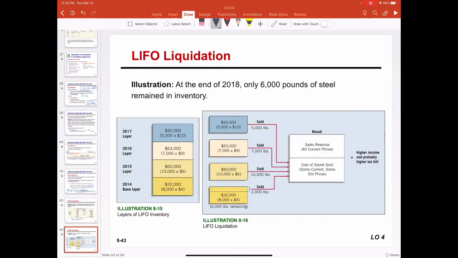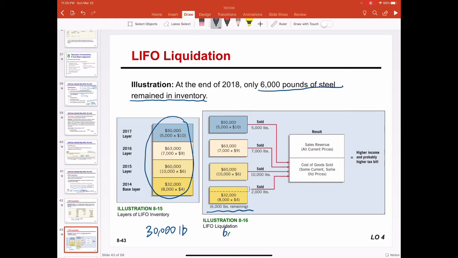During 2018, only 6,000 pounds of the steel were left in the inventory. So what happened? Okay, so that's the inventory balance at the beginning of 2018. 6,000 were left. We know there were 30,000 pounds.